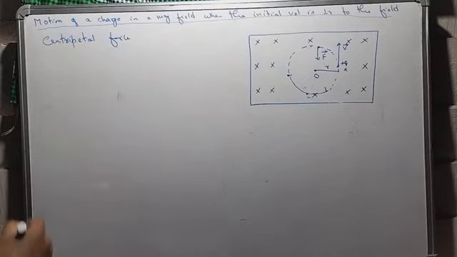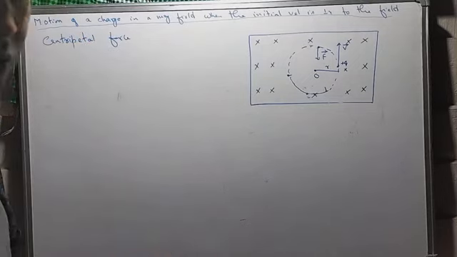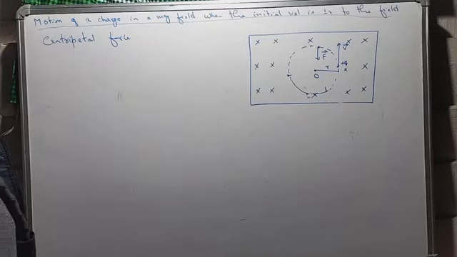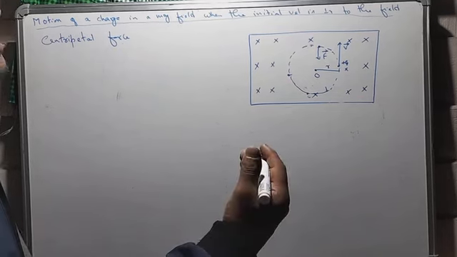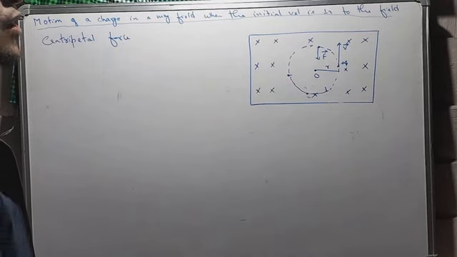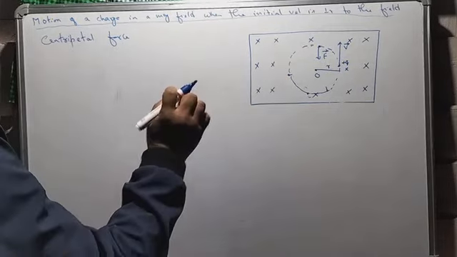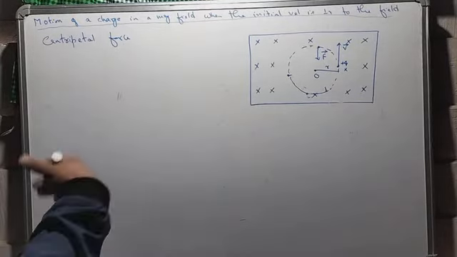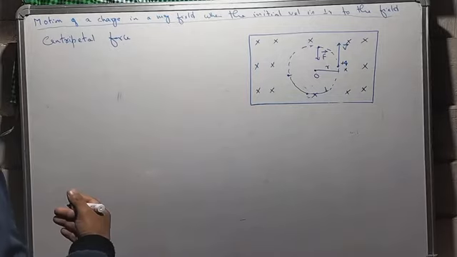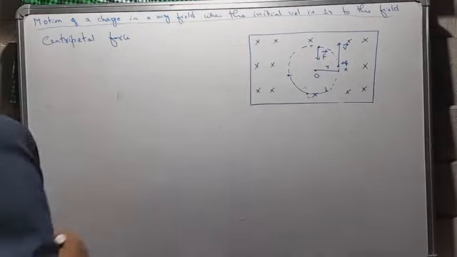force. I hope you still remember from class 11 when we talked about centripetal force. It is a force which is directed towards the center of the circle. Now, who provides this centripetal force? From where does this centripetal force come?